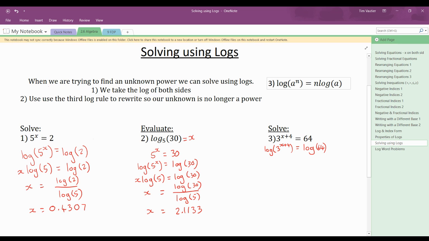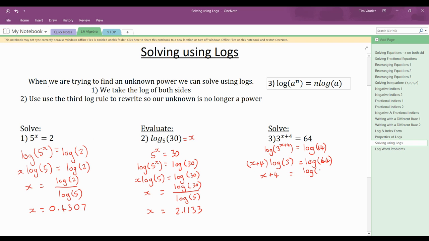Then we bring the power down, so the whole of x plus 4, and I'm going to put that in a bracket out the front there because the whole of that is multiplying the whole of log 3. And now I can divide through by log 3, and that means all that's left is x plus 4.